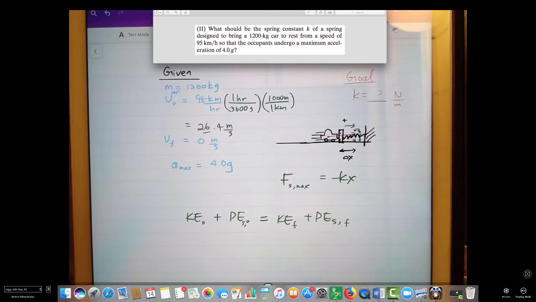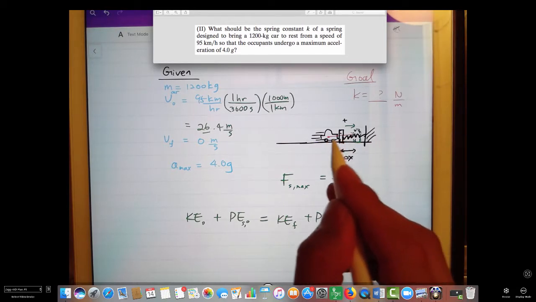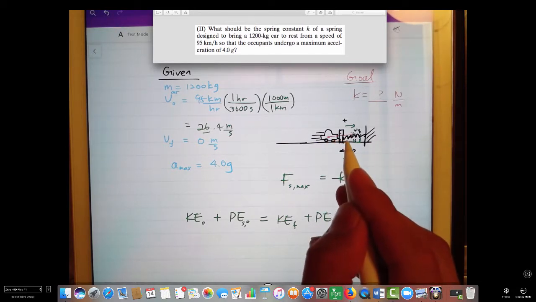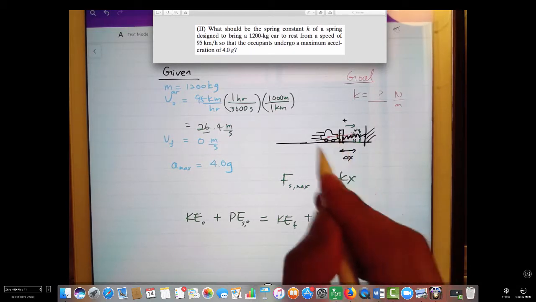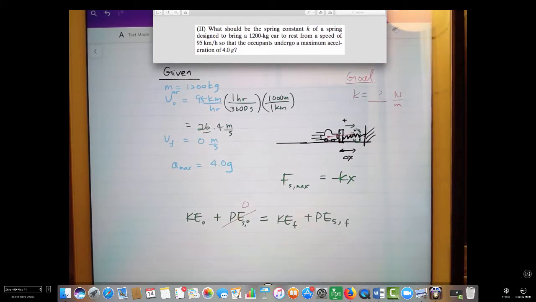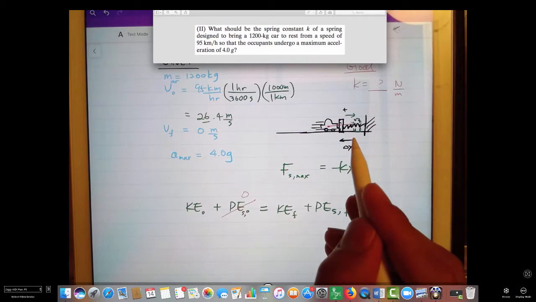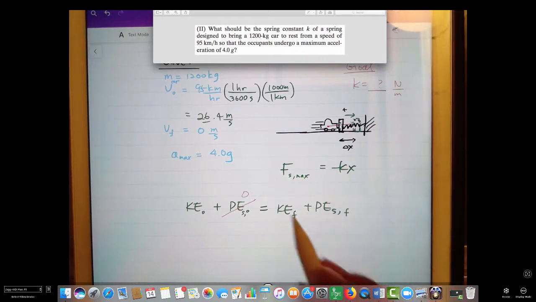So I drew the picture here where the car is about to press the spring. At that moment, we'll call it the initial. At that moment, the potential energy of the spring will be 0. The kinetic energy of the car, when the spring is pressed at the maximum displacement, will be 0.